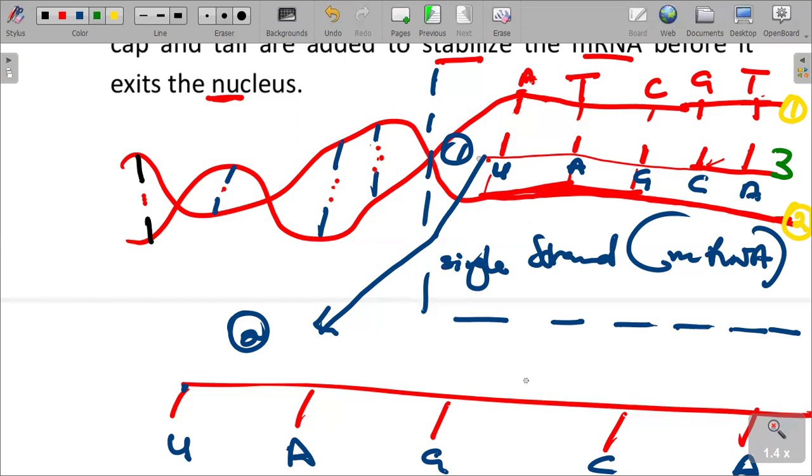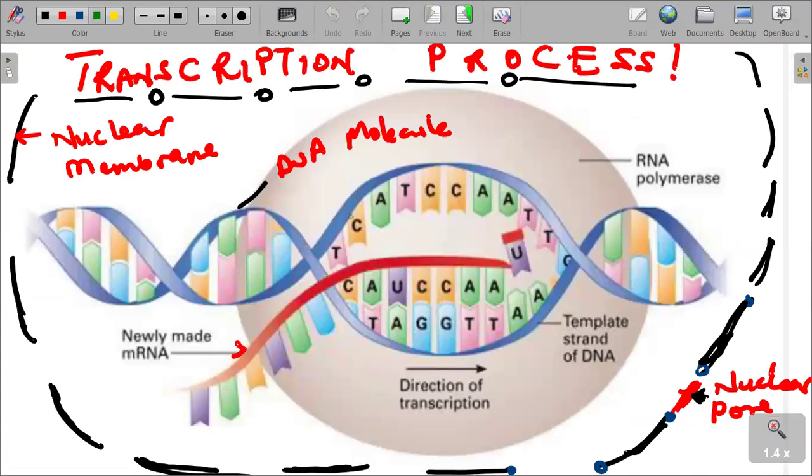It is formed by complementing one of the strands, strand number 1, using the free nucleotides from the nucleoplasm. Don't forget, in our diagram we have our DNA structure within the nucleus, and the nucleus has free-floating nucleotides. The dots I am putting here are the nucleoplasm, the nuclear plasm.